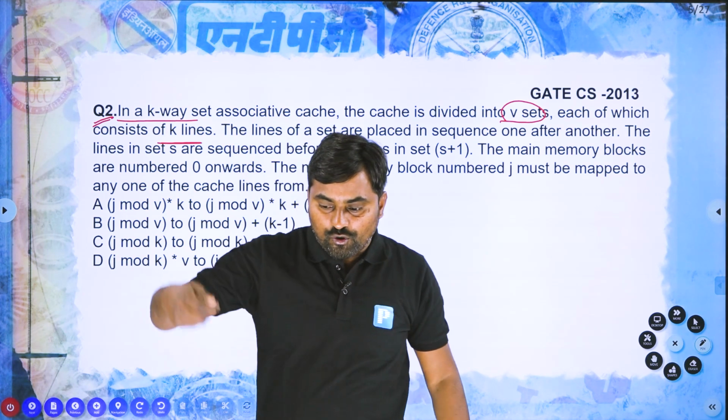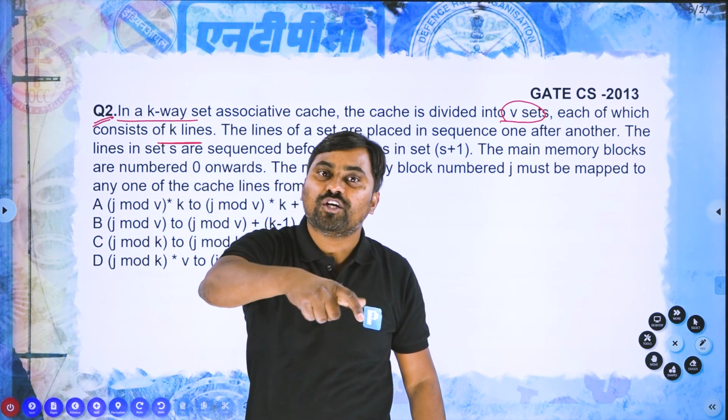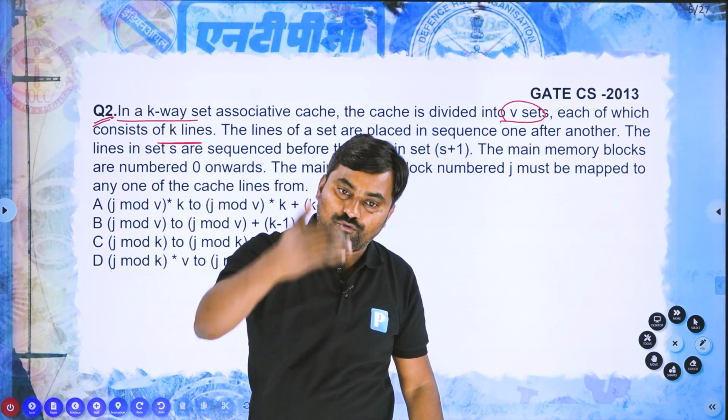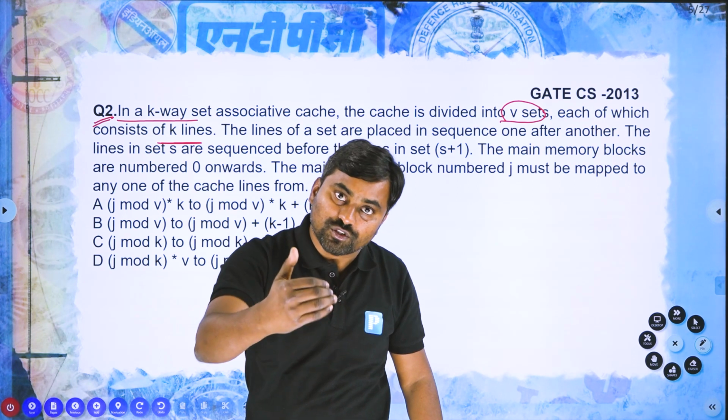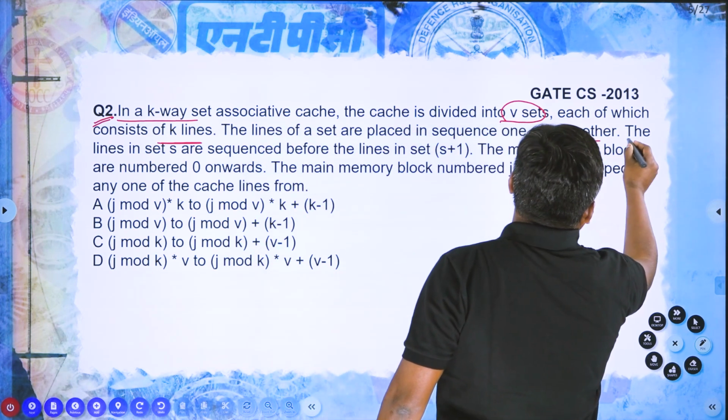Take any block of main memory, map it to a set number. Within a set you can place it anywhere, but the placement is in sequence: first 0 position, 1 position, 2 position, 3rd position, one after another.